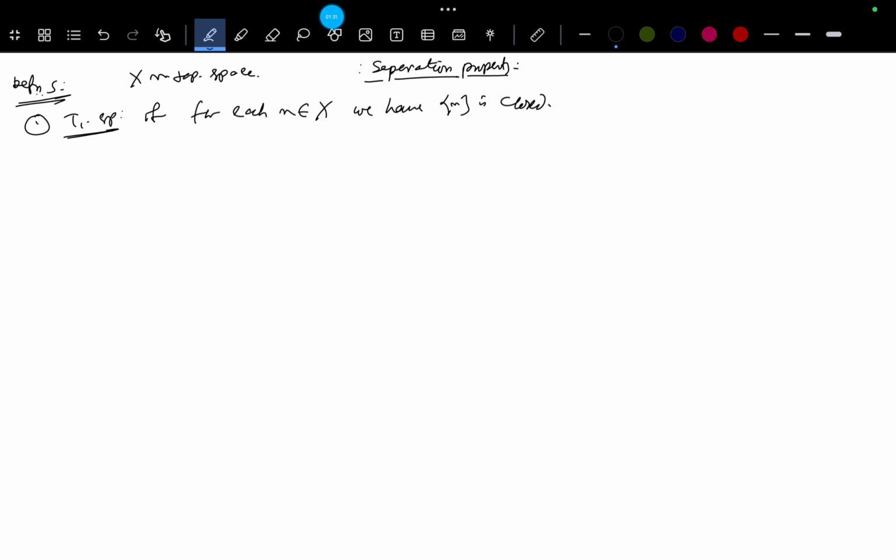Means every singleton point is closed. So for example, any finite discrete topology.